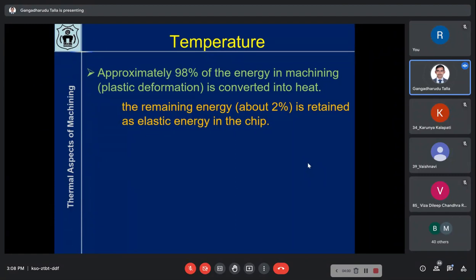A very minor quantity of energy will be stored as elastic energy in the chip. So the chip will be removed and that chip will have this spring back effect. Once it is cut, it is being bent, and once it passes the tool, it will try to come back to its original state, but it will not come completely. Some portion, so that is elastic energy.